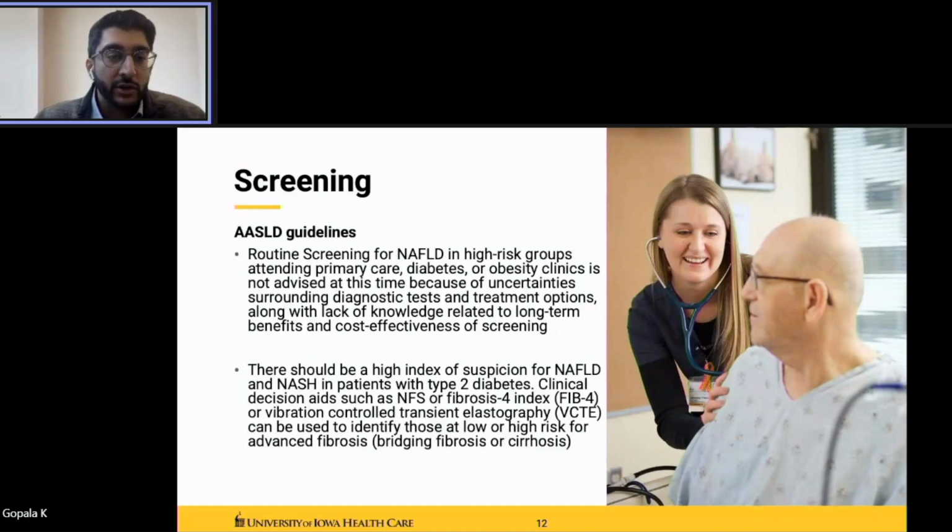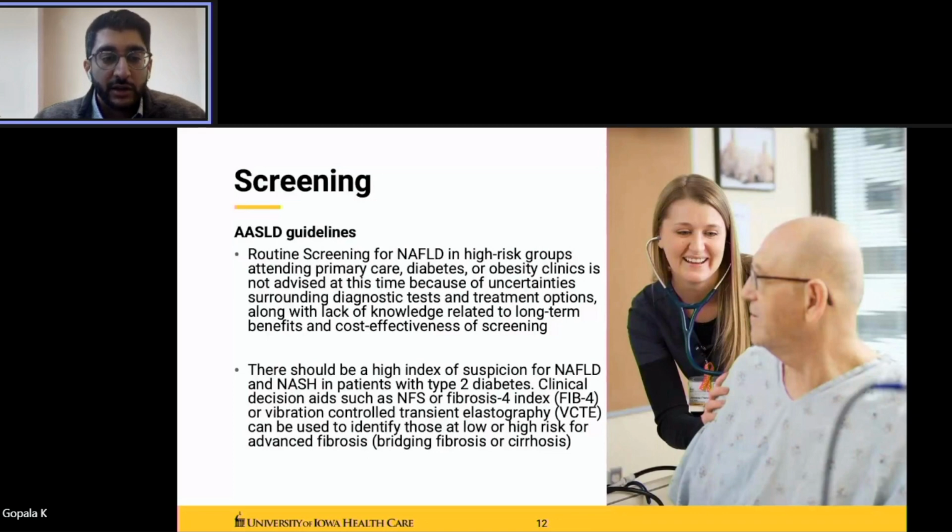But what do they recommend in terms of screening? So routine screening for NAFLD in high-risk groups in primary care has not been recommended because of uncertainties surrounding diagnostic tests, treatment options, lack of knowledge of long-term benefits, and essentially cost-effectiveness of screening.